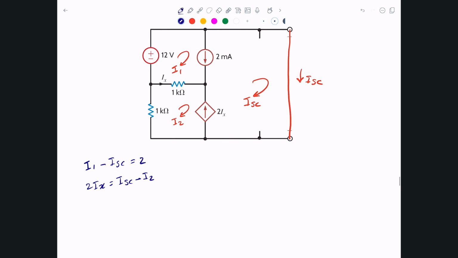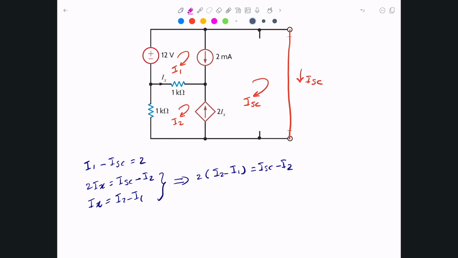But this is in terms of Ix, so I have to rewrite it in terms of the mesh current. Ix is simply I2 minus I1. Combining these two to get rid of Ix, we get 2 times (I2 minus I1) equals I short circuit minus I2.